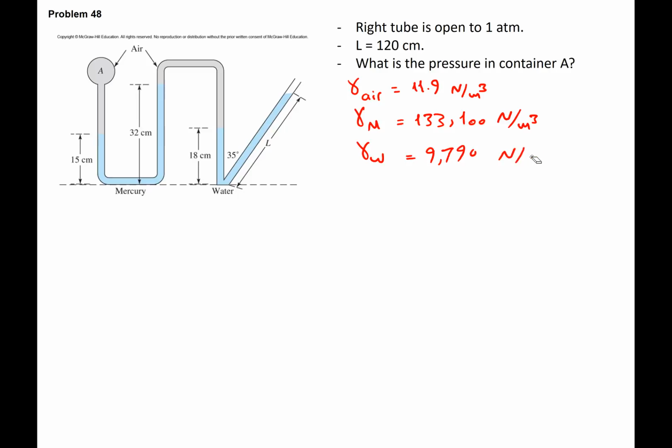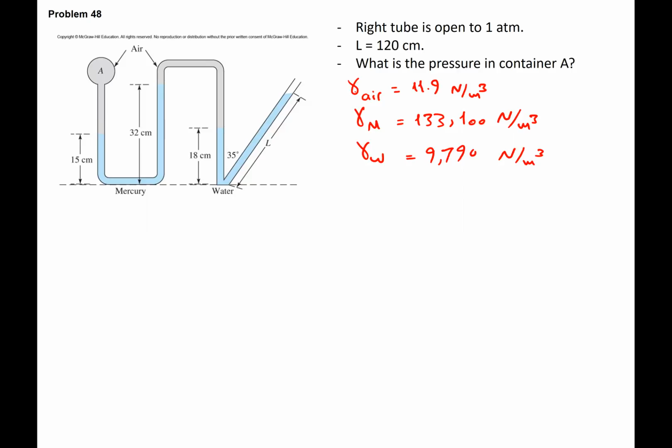So it's obvious that weight of air as a gas is much smaller than weight of mercury and weight of water. So you can just ignore the change in pressure caused by weight of air.